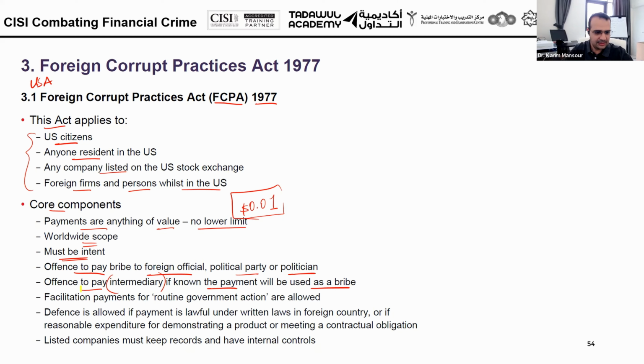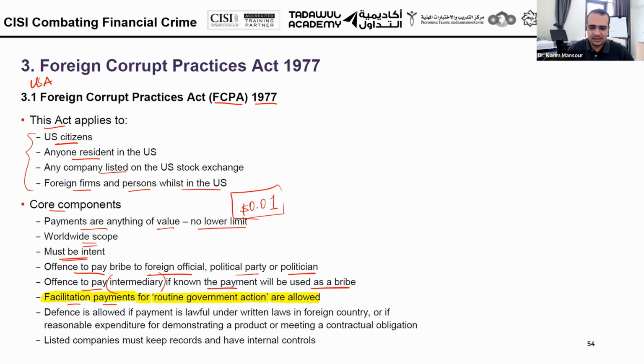Now notice here, and this is something that you might be questioning, facilitation payments for routine government action are allowed. And this is one of the main highlights and differentiators of the US bribery law. You notice the word here, facilitation payments? I think in the syllabus, CISI mentioned something about water and electricity payments, for example.